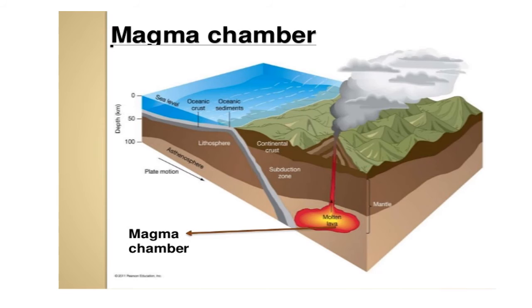And due to the emission of energy, seismic waves are generated. These waves travel through the interior of the earth, and their direction and velocity help us to estimate the interior of the earth.